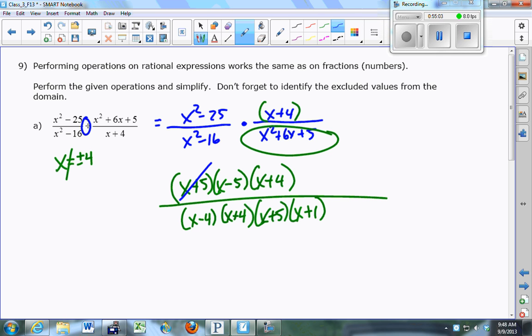X plus 5 and x plus 5. Anywhere else? X plus 4 and x plus 4. So I have left x minus 5 over x minus 4 times x plus 1. That's as simplified as it can get.